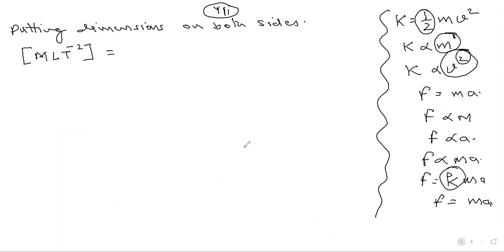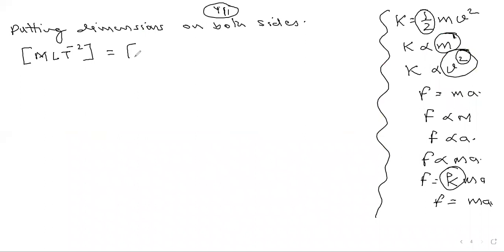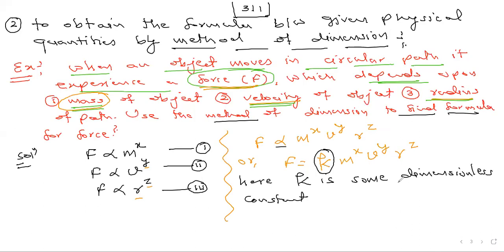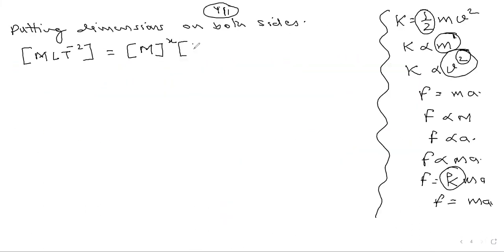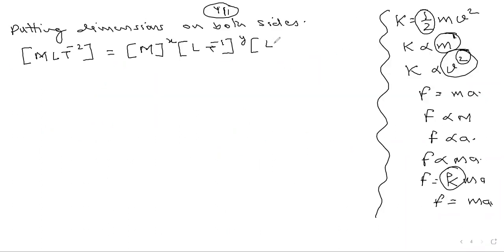K does not have any dimension. M to the power x. Then velocity, whose dimension is L T to the power minus 1, to the power y. Then radius R, a length, L to the power z. This is M^1 L^1 T^-2.